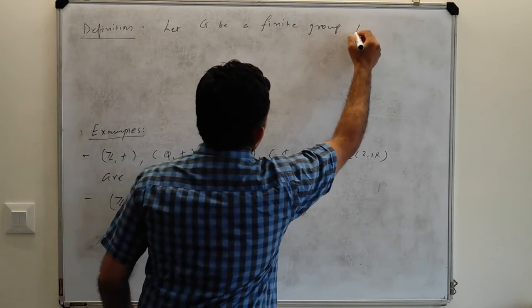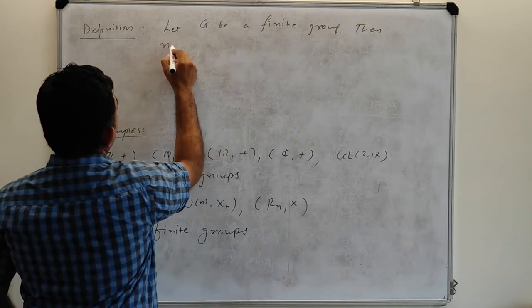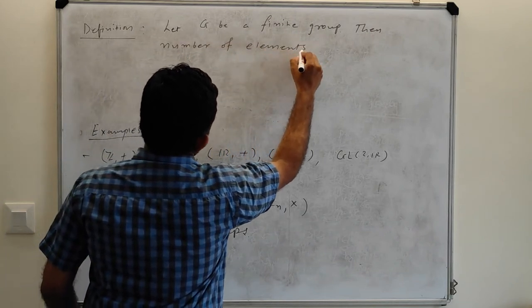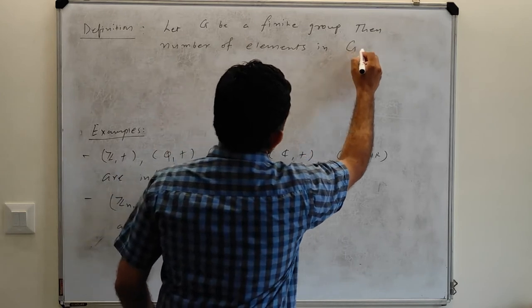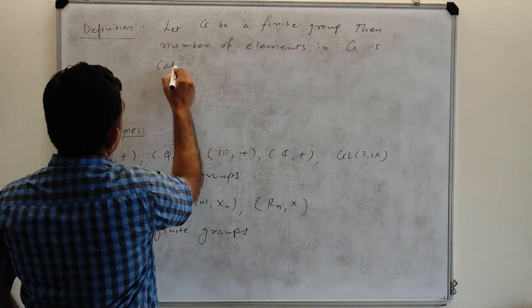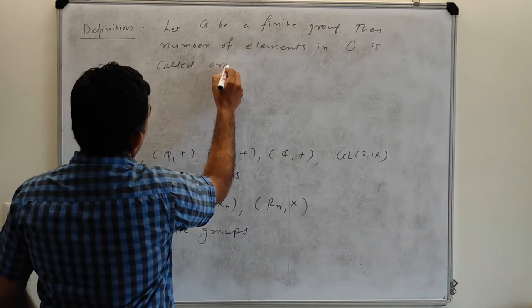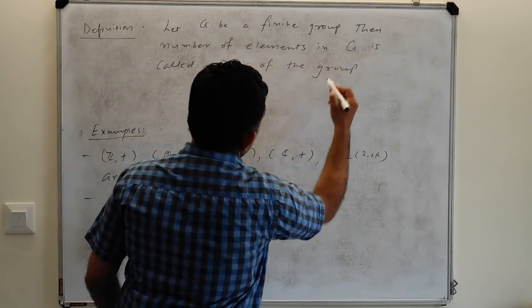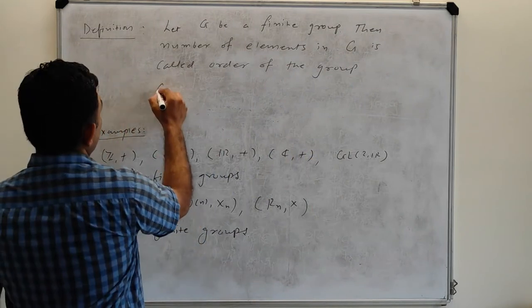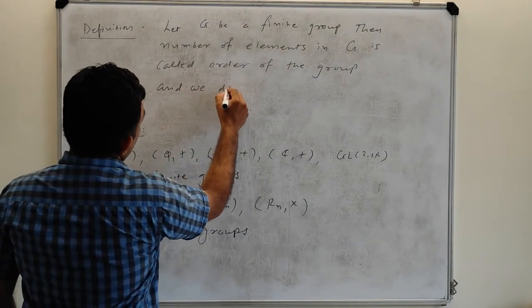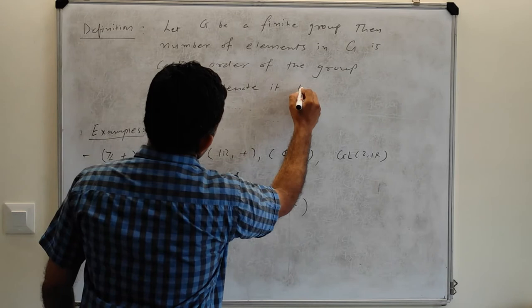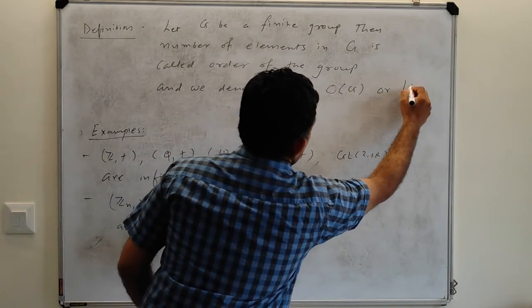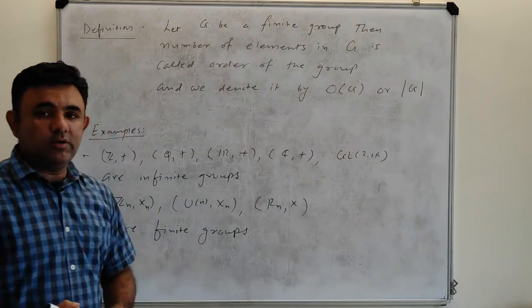Then the number of elements in G is called the order of the group, and we denote it by O(G), or sometimes like this, |G|, the cardinality of G.